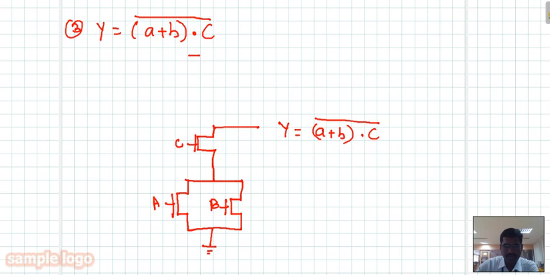So whatever we are putting in parallel in NMOS should be in series in PMOS, and whatever you're putting in series here should be in parallel.